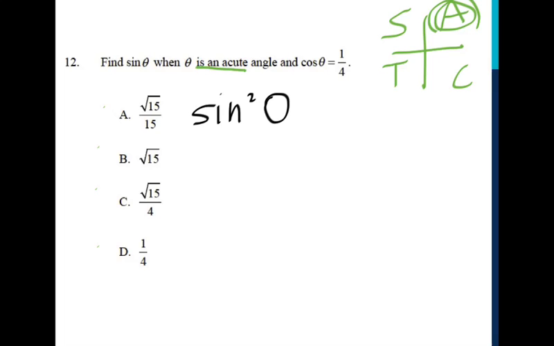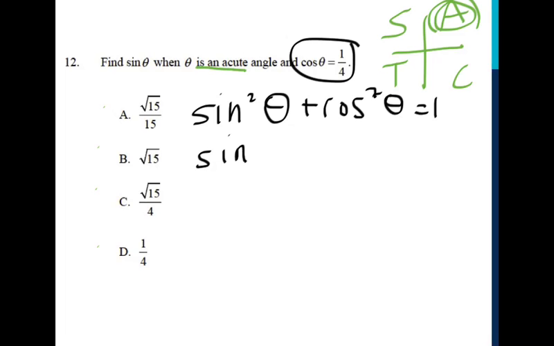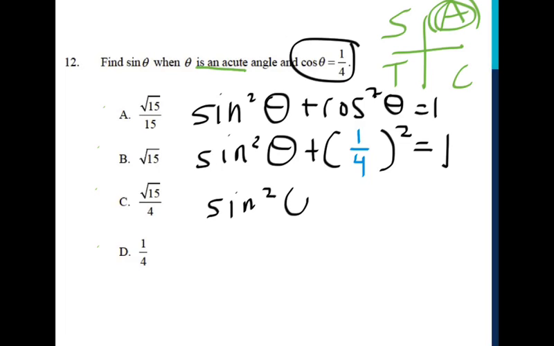I wish I was sine squared, and you were cosine squared, because then together we could be 1. Now, I know my cosine this time, so sine squared theta stays the same, plus something squared. That something in this case is my 1 over 4. So it becomes, I still have sine squared theta plus 1 over 16. Don't you dare tell me it's 1 over 8.